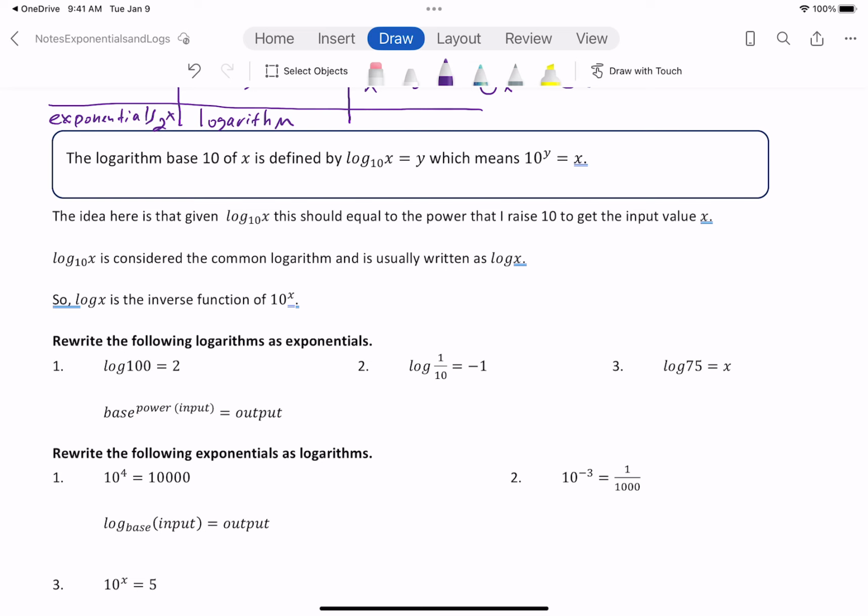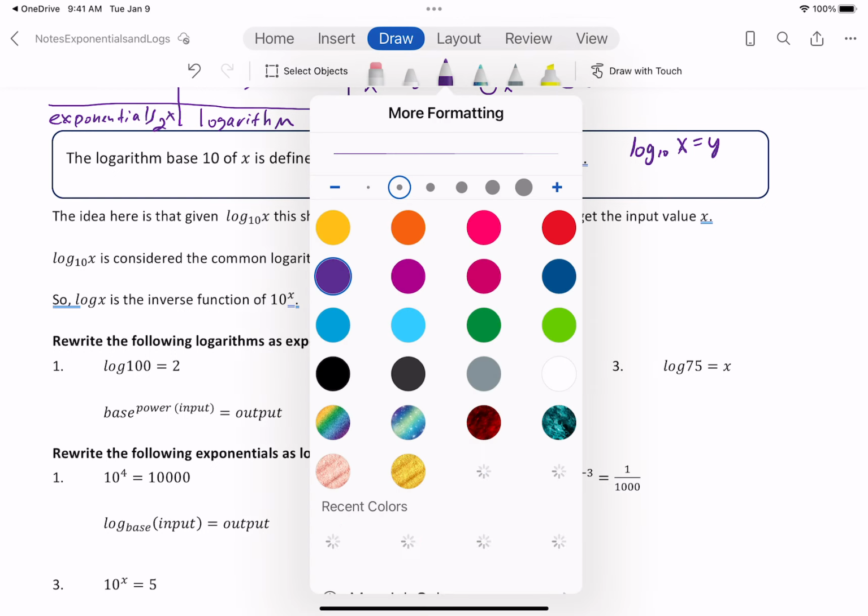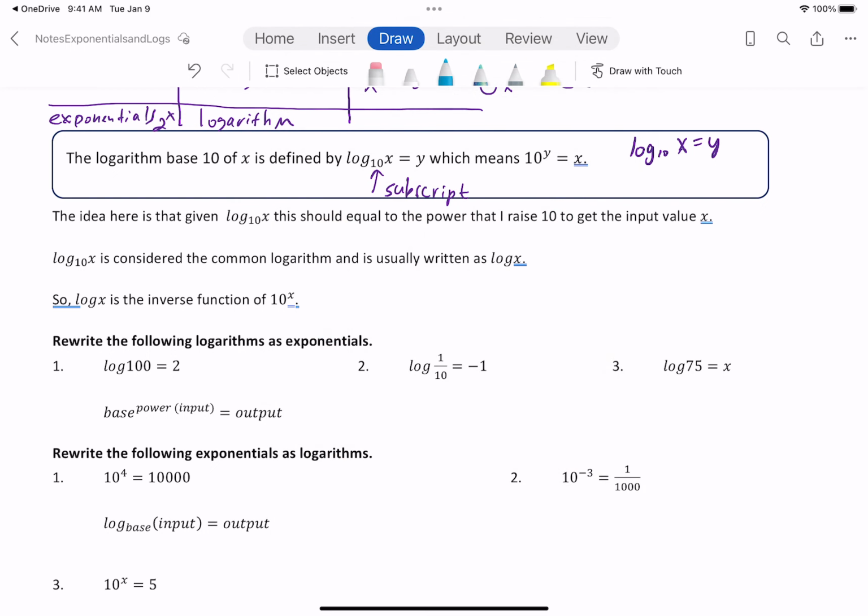The logarithm base 10 of x is defined by and written as log base 10, notice that this is a subscript, of x equals y. Remember, we were talking about logarithms and exponentials being inverses of each other. So if I have log base 10 of x equals y, I'm going to show you a little trick that I'm going to use a lot.